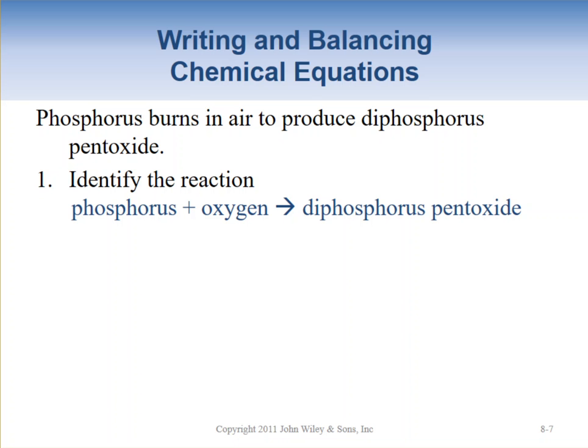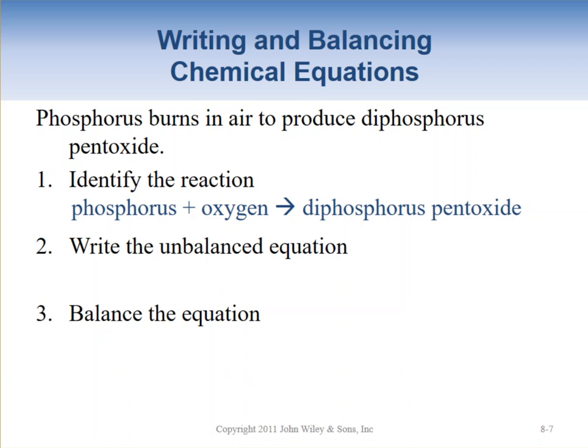Phosphorus burns in air, meaning that it reacts with oxygen. And what it produces, meaning your product, is diphosphorus pentoxide. There have to be at least 4 atoms. Very good. Yes, phosphorus appears as P4. We had diatomic molecules that were always diatomic, and phosphorus and sulfur were exceptions too.